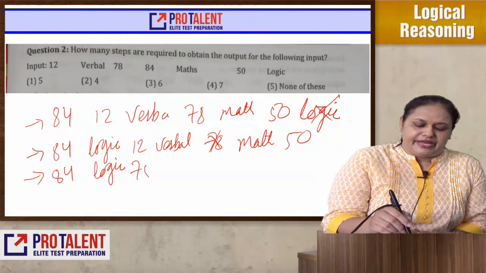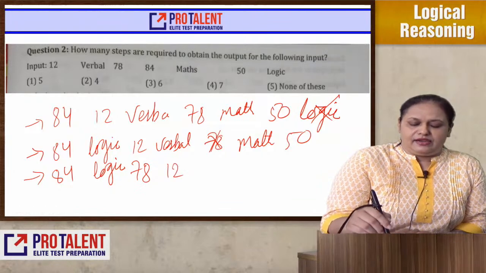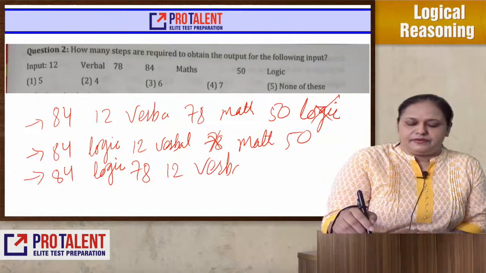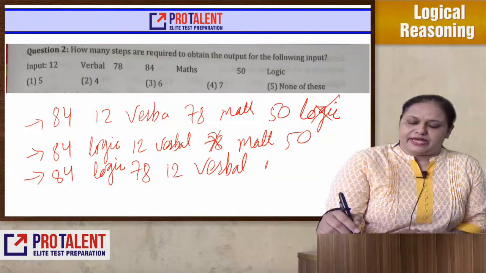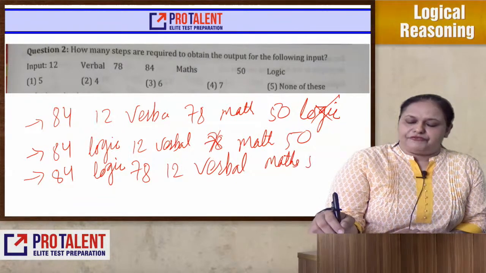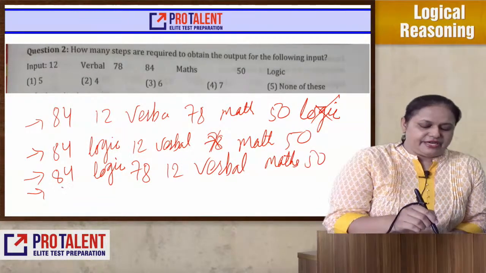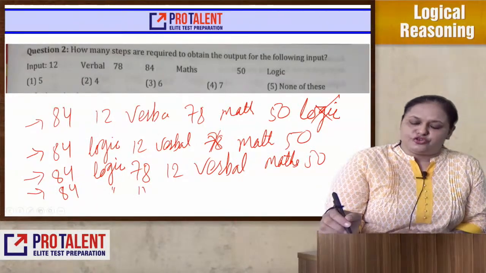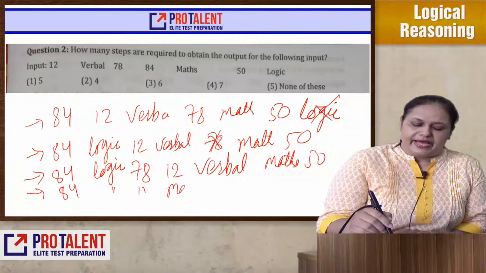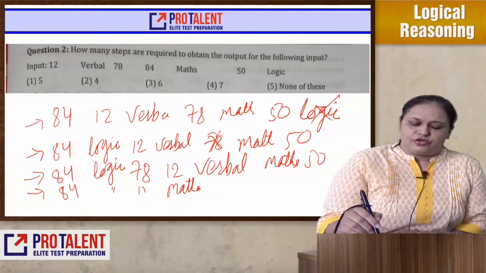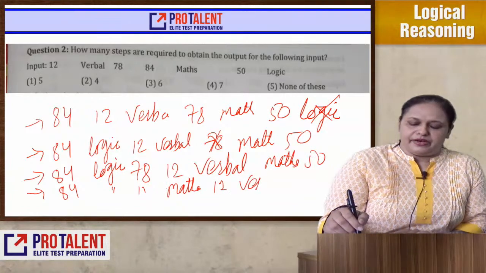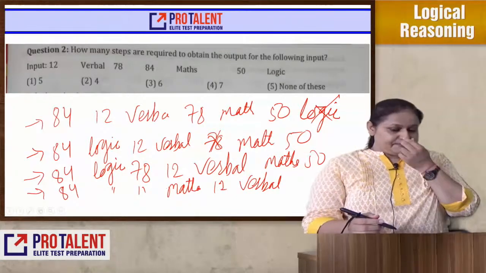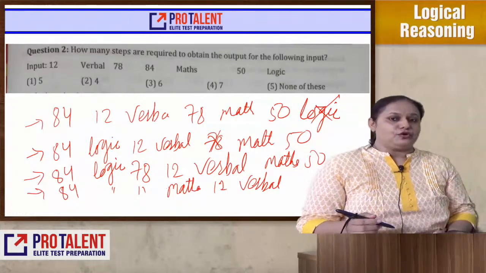So 78, 12 verbal, maths, 50. Next, 84 logic, 78, and there should be the word maths, 12 verbal. So how many steps are there? One more step to go.